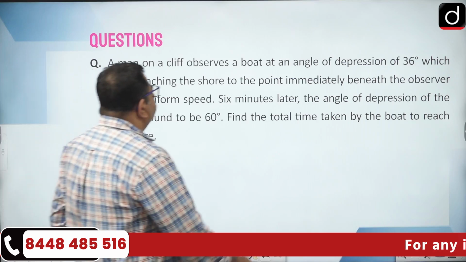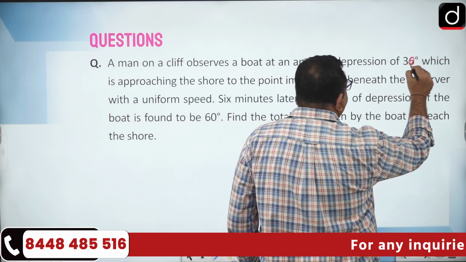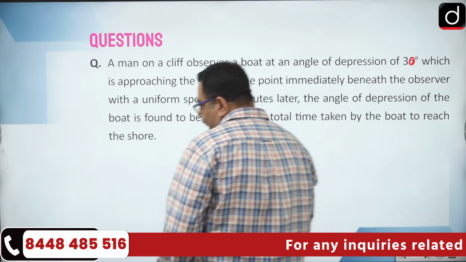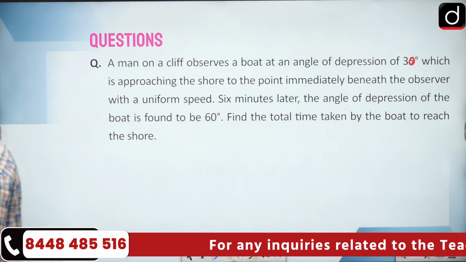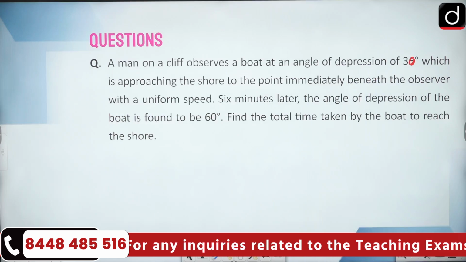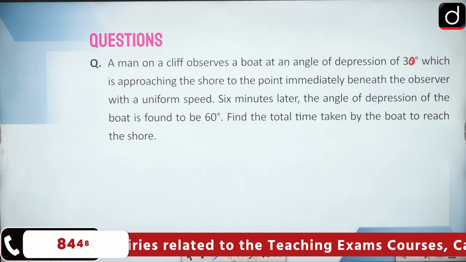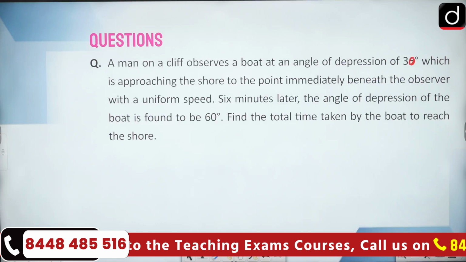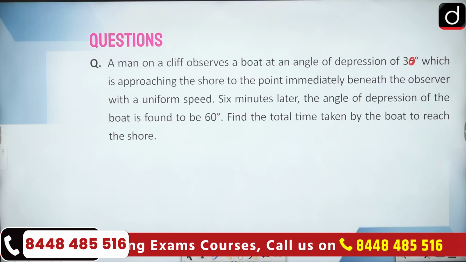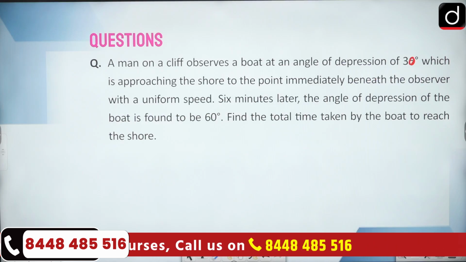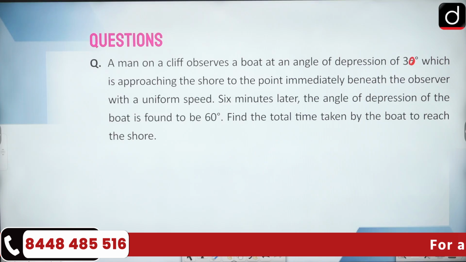The man on a cliff observes a boat at an angle of depression of 30 degree, which is approaching the shore to the point immediately beneath the observer with a uniform speed. 6 minutes later, the angle of depression of the boat is found to be 60 degree.